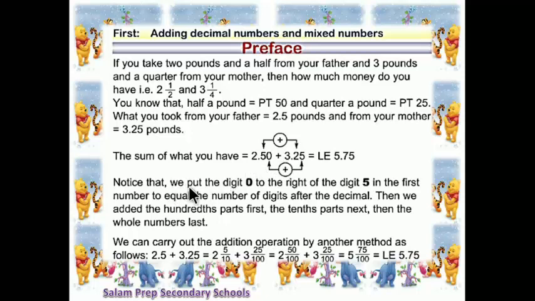So we put digit 0 to the right of digit 5, to equal the number of digits after the decimal point. Now, in the first decimal part there are 2 digits, and in the second decimal part there are 2 digits. Okay?